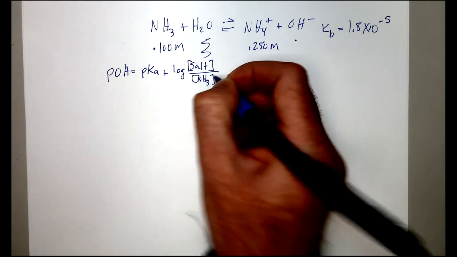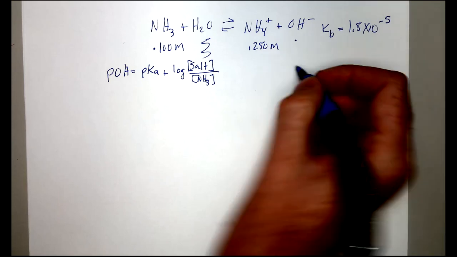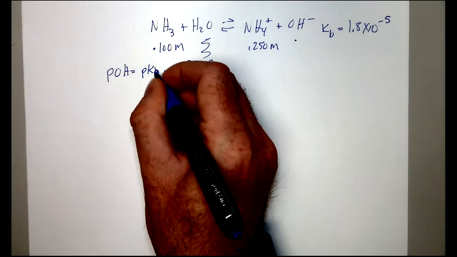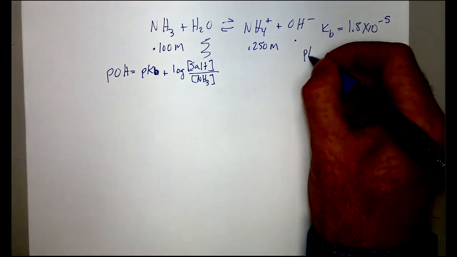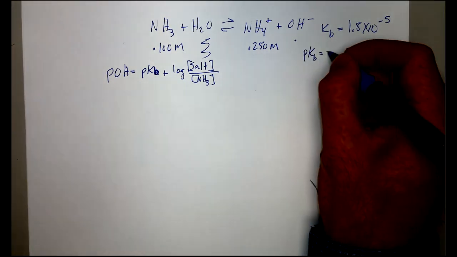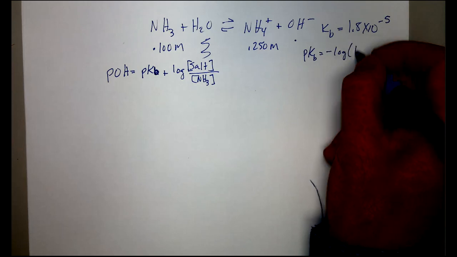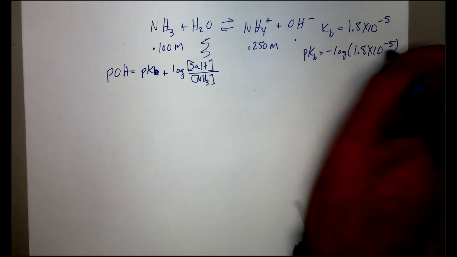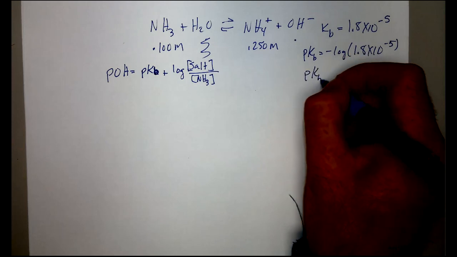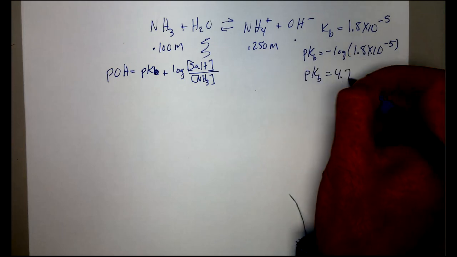In our case, the pOH is pKb, excuse me. So I need that pKb. So it's negative log of 1.8 times 10 to the negative fifth, which would give me a pKb of 4.74.